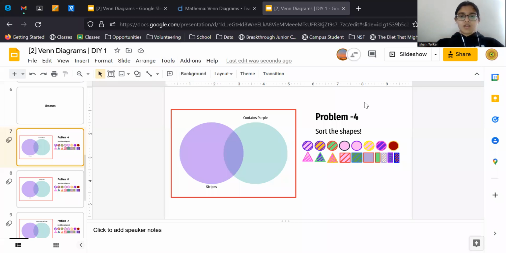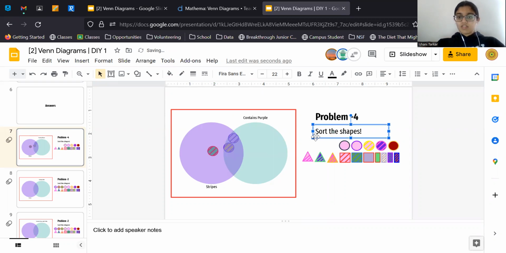Okay, so sort these shapes. There are 2 categories here, stripes and contains purple. We can see that this circle is both of them, and this one is also both of them. This contains stripes, but no purple, so this goes here. This doesn't contain stripes and doesn't have purple.